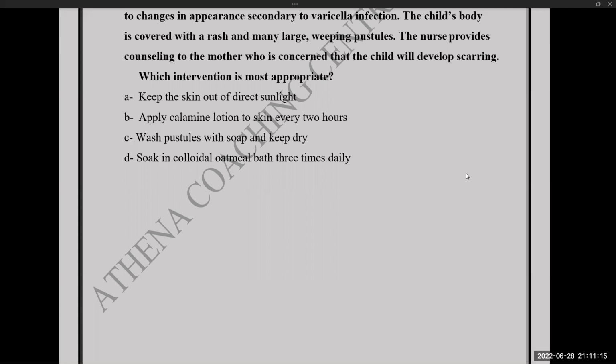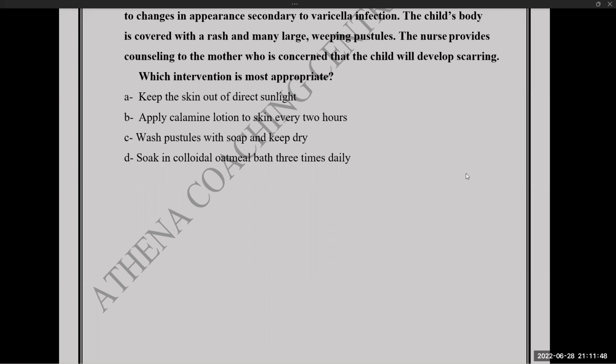See, calamine lotion will help to soothe the skin. Calamine lotion is normally used for weeping pustules. It will give a soothing effect, so the itching can be prevented, the pain can be controlled, and even the dryness can be controlled. So calamine lotion will help to soothe the skin, as well as reduce the discomfort of the patient.